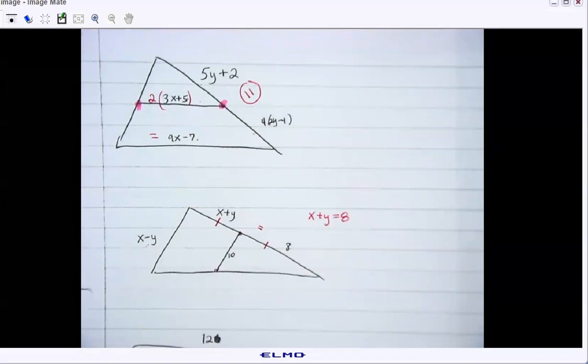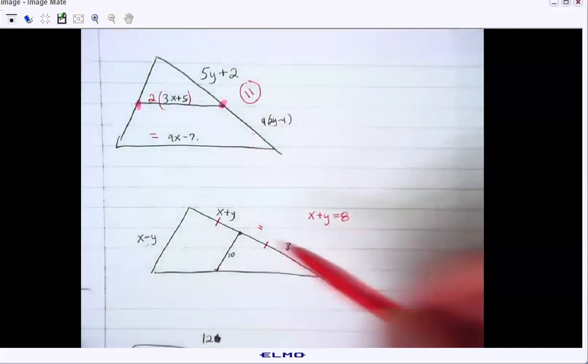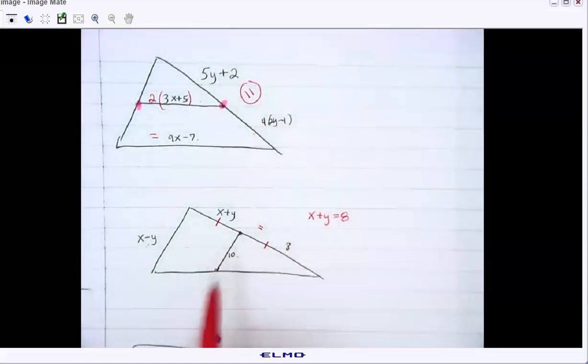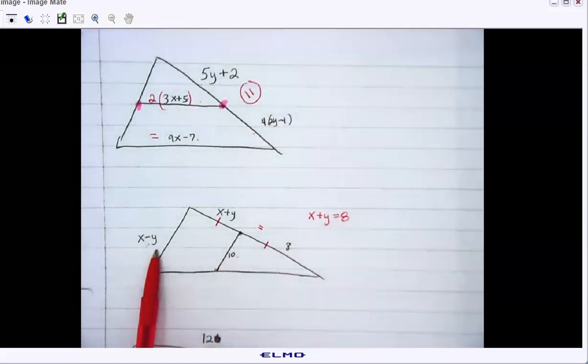Okay, so I know that Alex has got it. Okay, so remember what we said. How many middles does it take to get x minus y? Middles to equal the bottom, right?